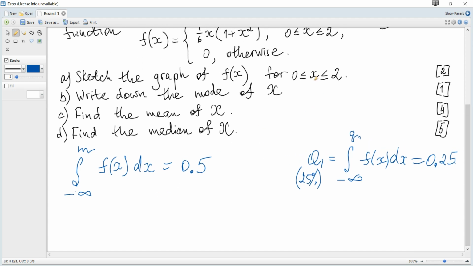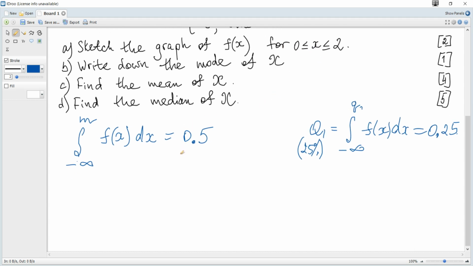And here, since x is from 0 to 2, it becomes the integral from 0 to m of x over 6 times (1 plus x squared) should be equal to 0.5.